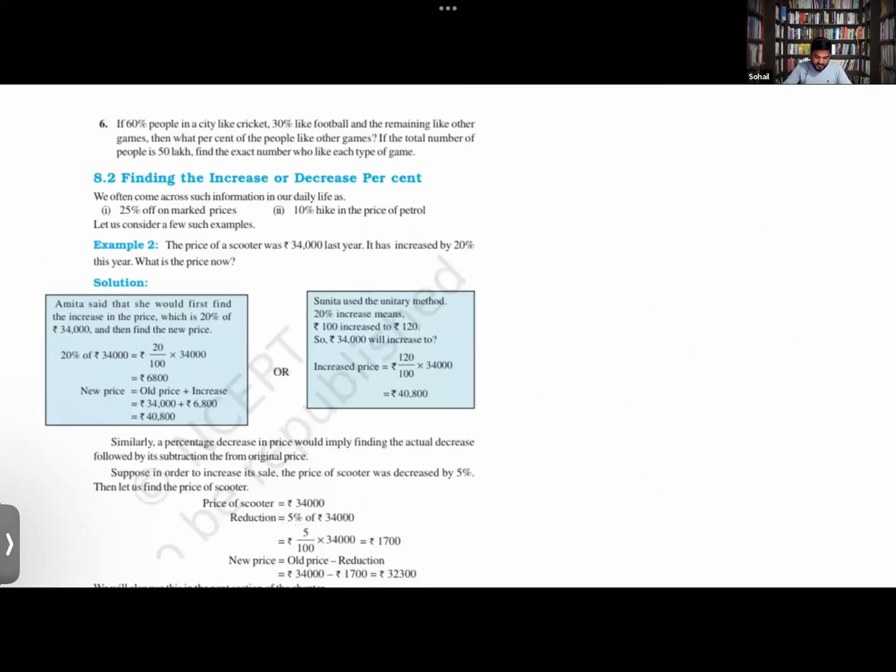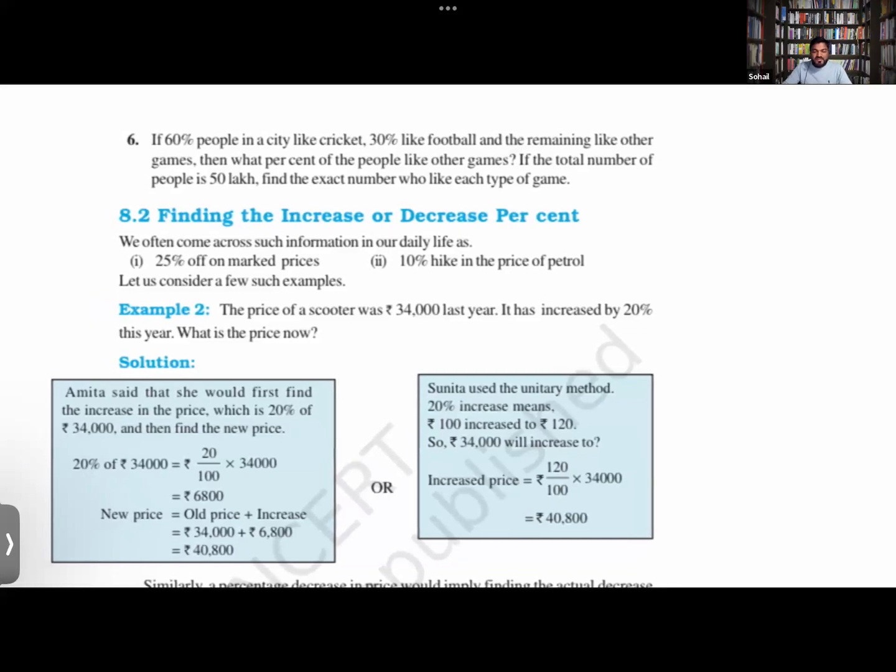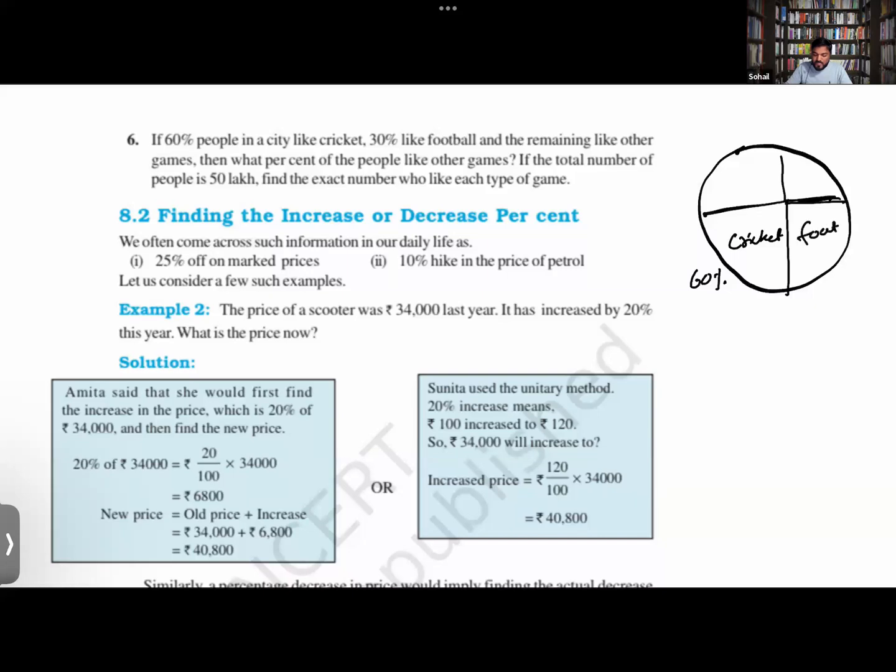Question number 6. First let me explain the question. If 60% of the people in a city like cricket, 30% like football, so you are left with 10%.